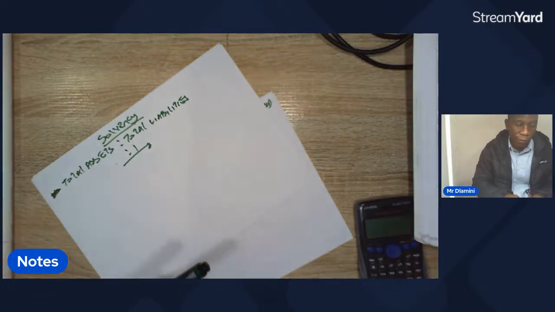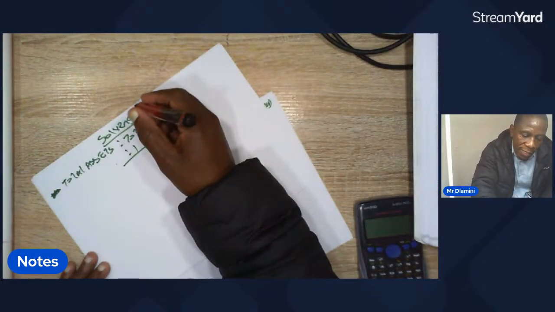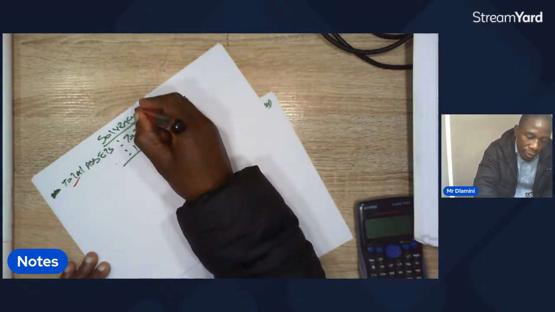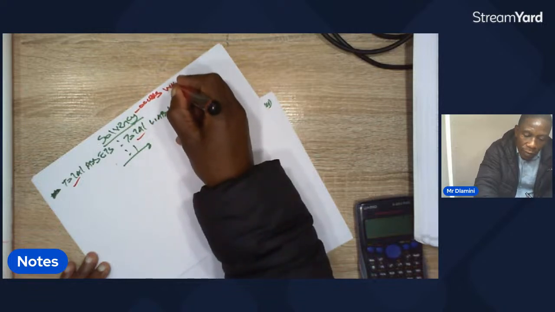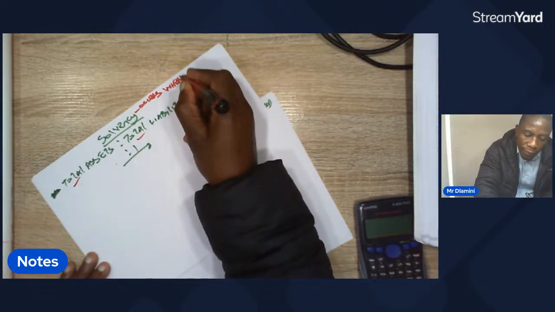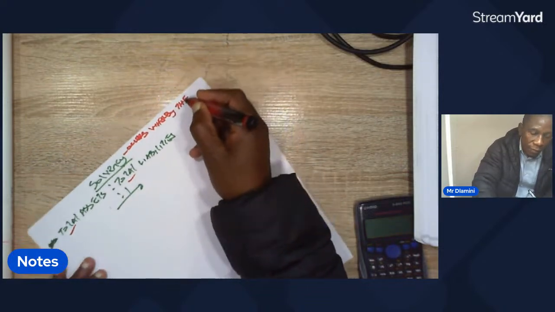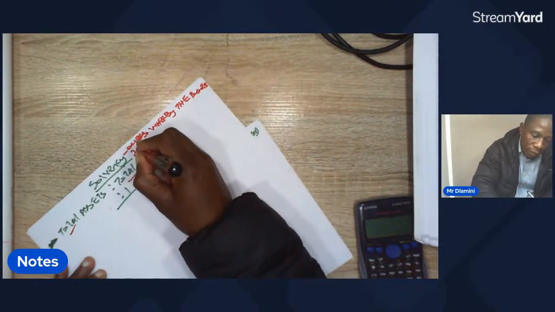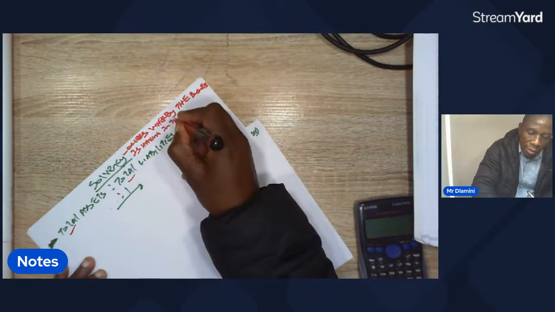What is the definition of insolvency? It's the opposite of liquidity. It occurs whereby the business is having problems in the long run. That's why we are dealing with totals.